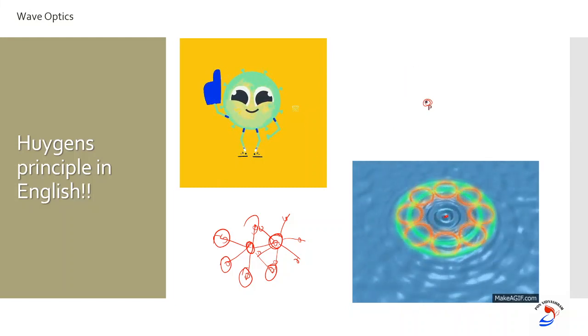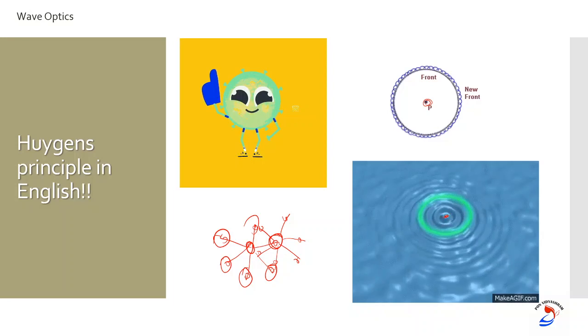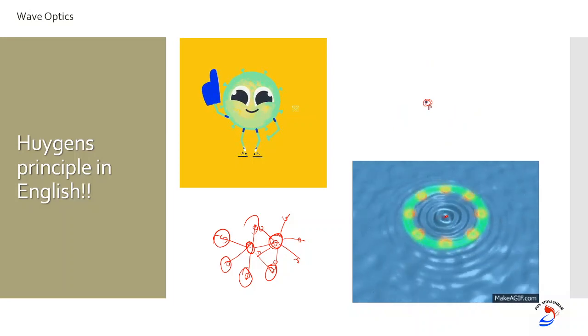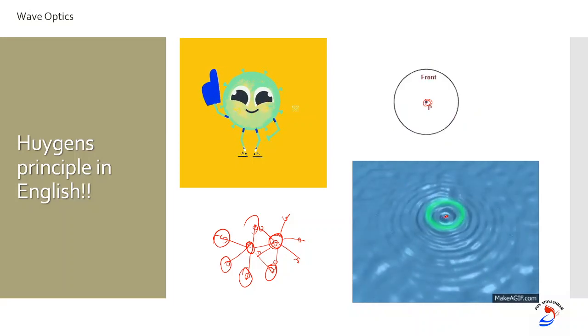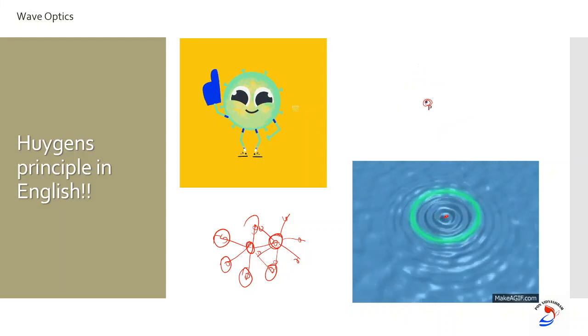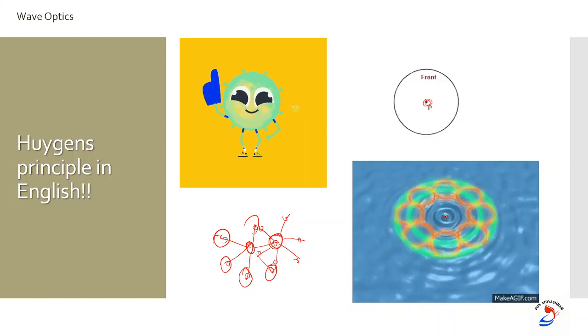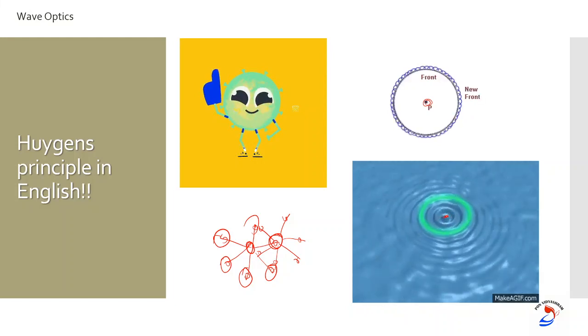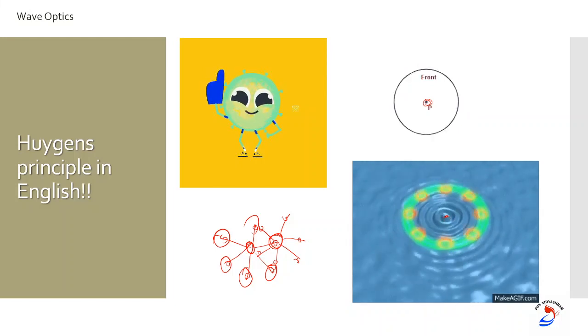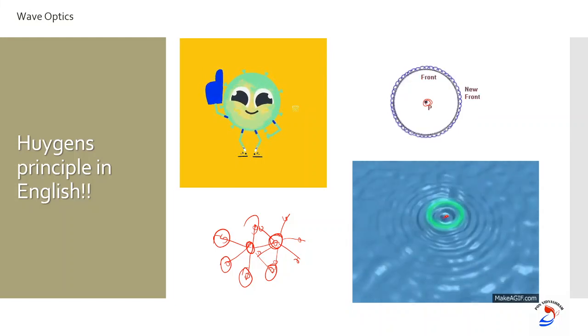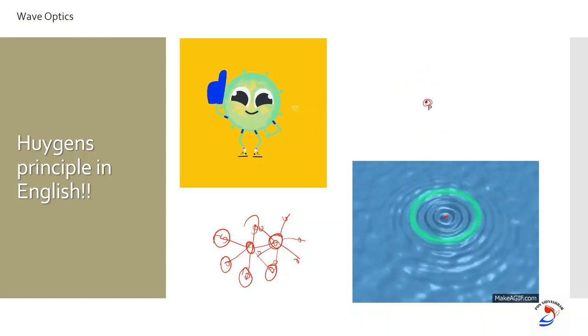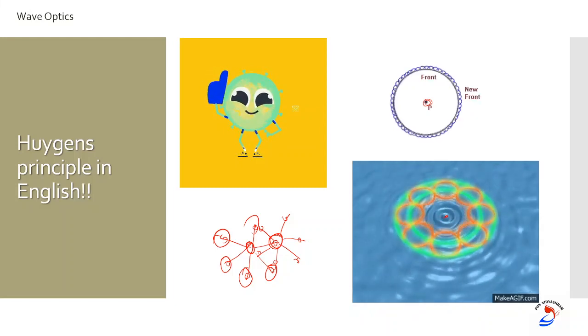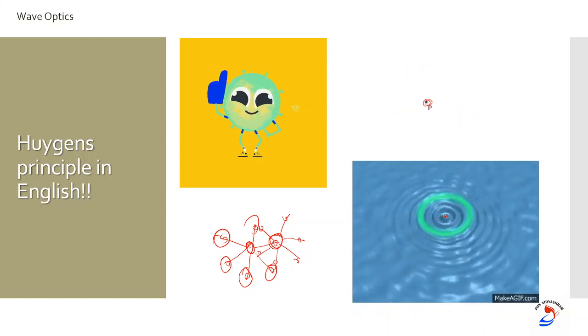Never thought the corona pandemic would be helpful in explaining Huygens principle. It's very similar to that. Hope you have understood what Huygens principle actually means. It means that when a wavefront is expanding, every point on that wave can actually act as a secondary source and so on. Cool, isn't it?